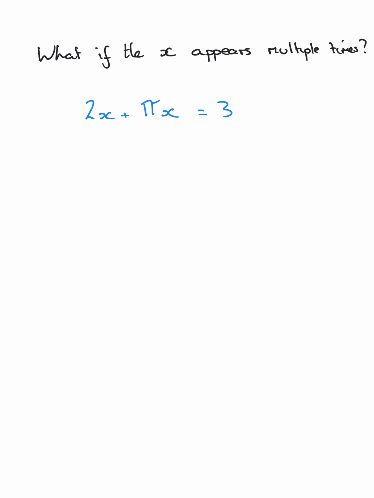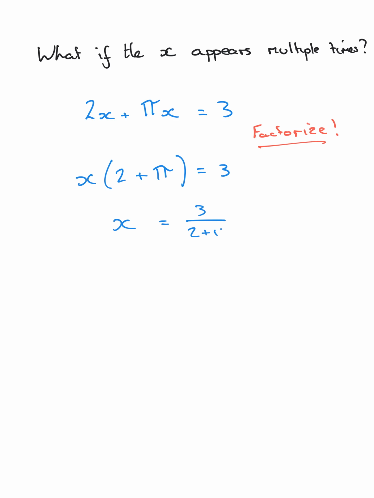The trick is to factorize. So I need to take x out as a factor of this: x brackets 2 plus pi equals 3. And then it's a case of dividing by 2 plus pi. So x equals 3 over 2 plus pi.